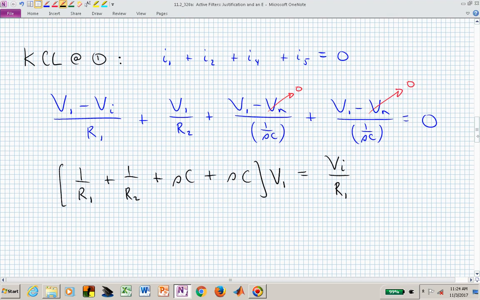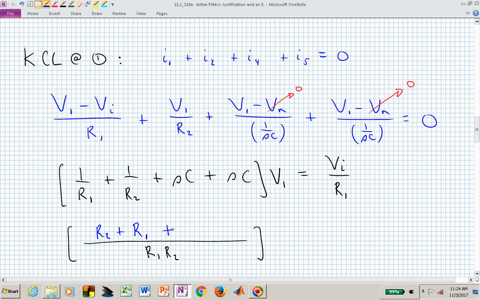Doing a little bit more algebra, let's put what's in the square bracket over a common denominator, which is now R sub 1, R sub 2. Then we have 1 over R sub 1 will just be R sub 2, plus 1 over R sub 2 can be found by taking R1 over R1, R2.